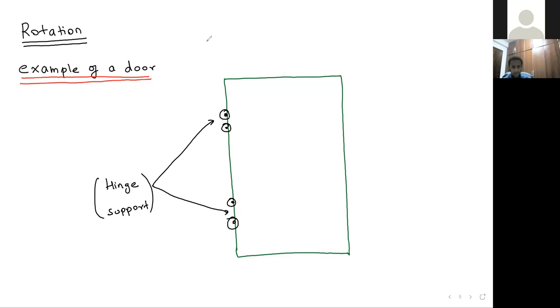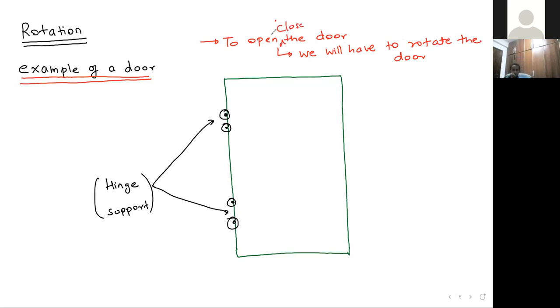What is the meaning of opening the door? To open the door, we will have to rotate the door, right? This is the only possible thing, isn't it? If you want to open or close the door, the only method is you will have to rotate it, correct?